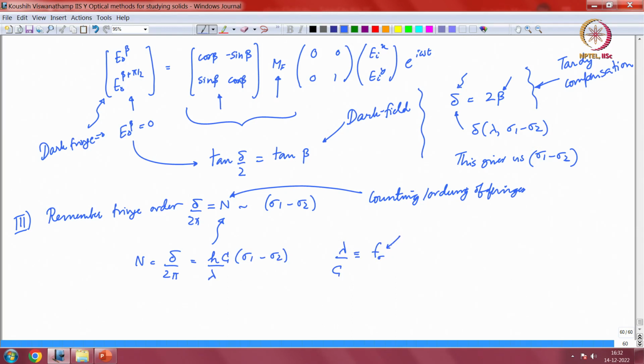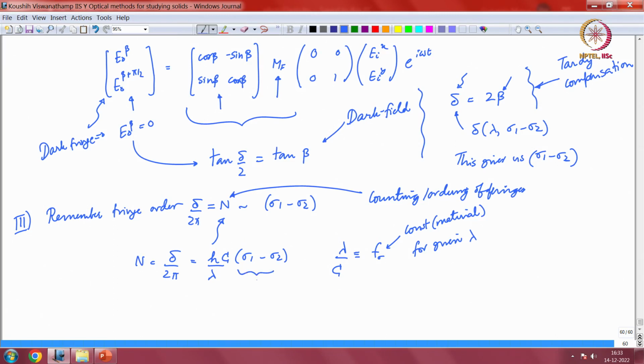This is a material constant, for monochromatic light, for a given lambda, because this c is a material constant. So, even if you knew n somehow, you still do not know sigma 1 minus sigma 2. Even if you knew h, if you knew how thick the sample was, you still do not know sigma 1 and sigma 2 because you do not know c. So, you have to determine c.